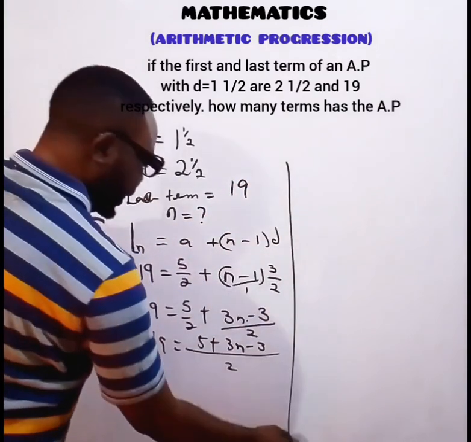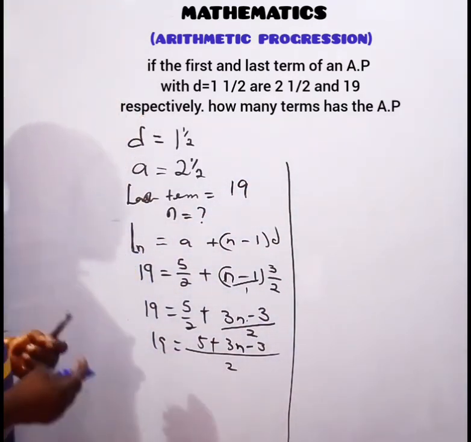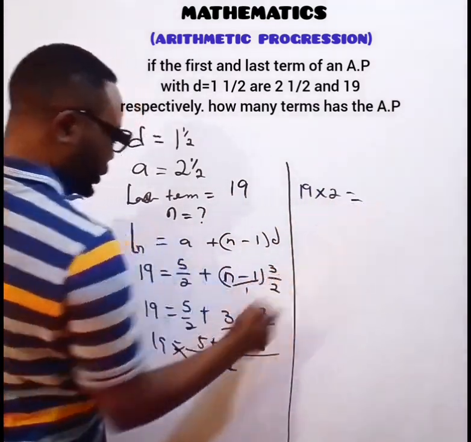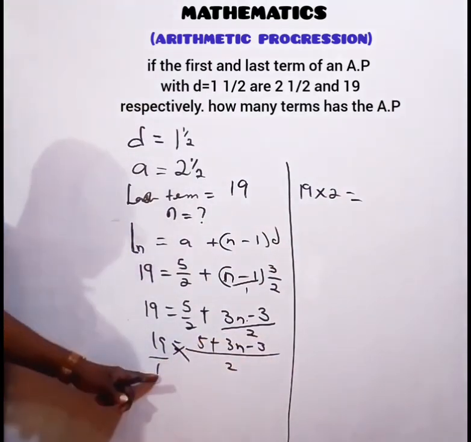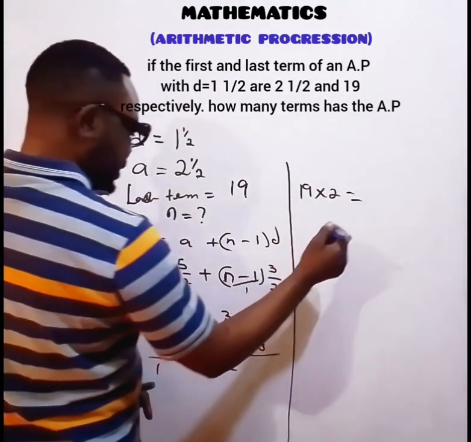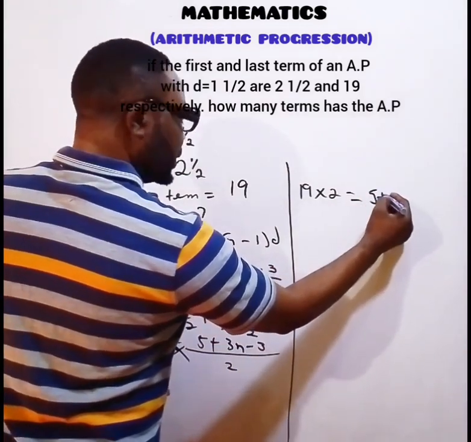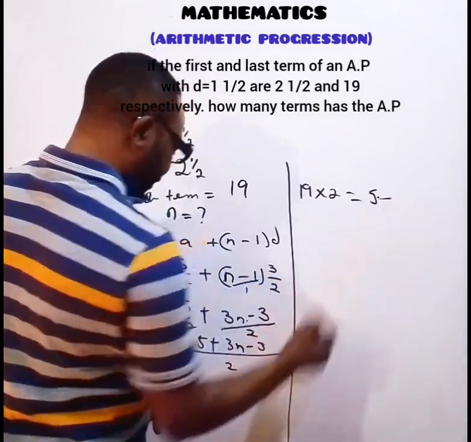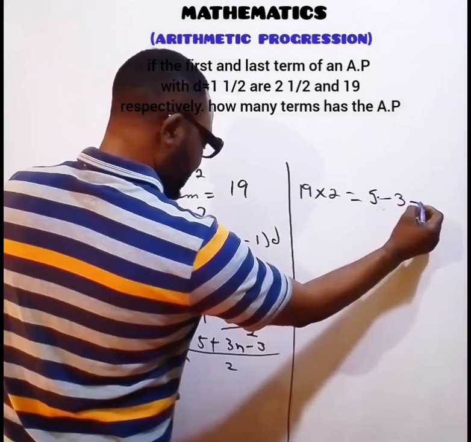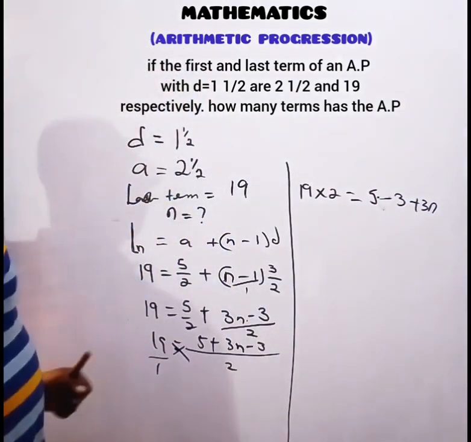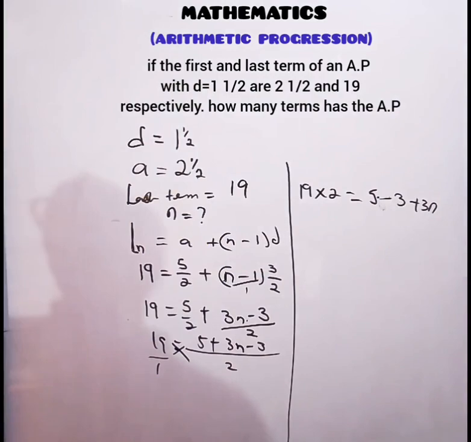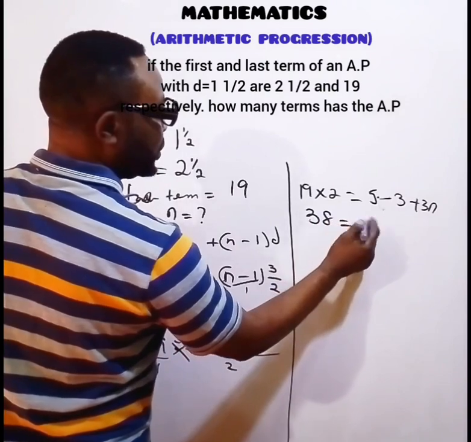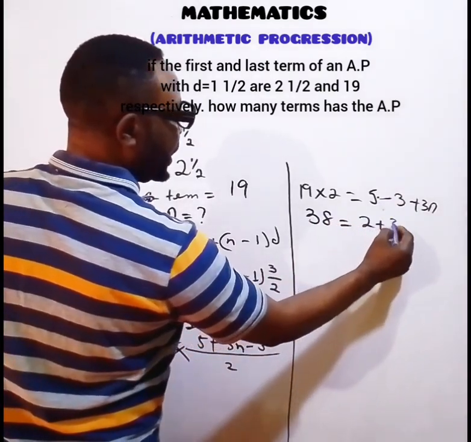So from here now, I can say that we can do the cross multiplication. That is, I have 19 multiplied by 2 will be equal to what we have here, the denominator is 1. So that will be 5 plus 3n minus 3. Let me collect the like terms once and for all here, 5 minus 3 plus 3n. 19 times 2 will give me 38. 38 equal to 5 minus 3, that's 2 plus 3n.